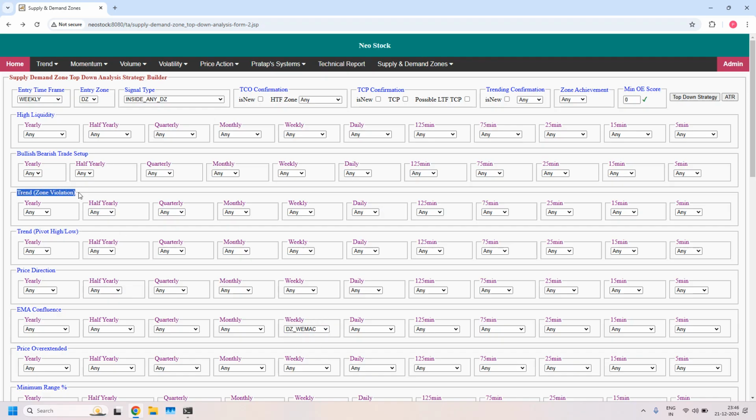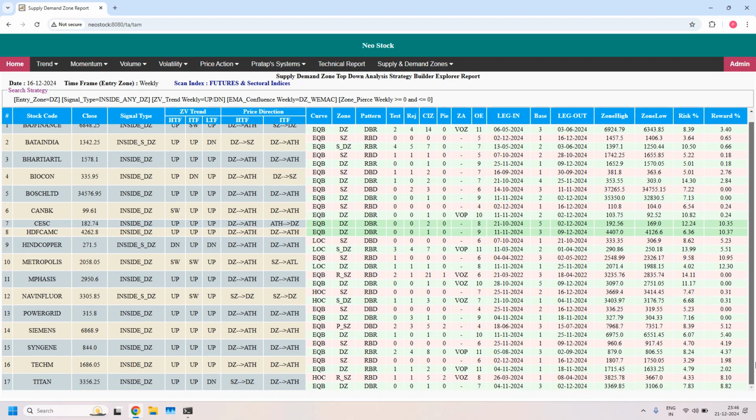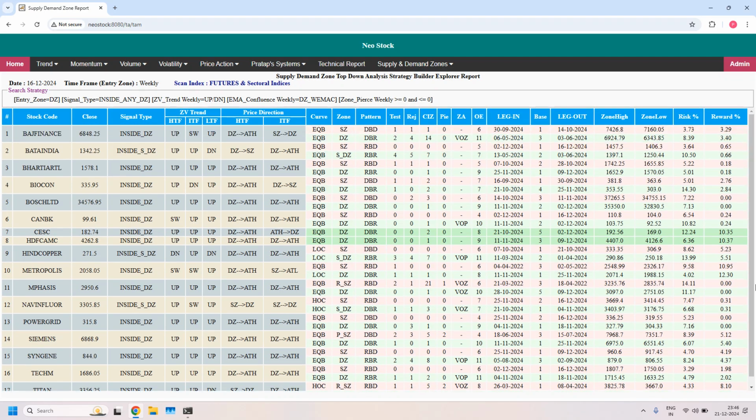So that's why in the trend weekly time frame, I am not selecting sideways, I am selecting only up or down. Now based on these filters, we got 17 stocks. From 54, the list has come down to 17.